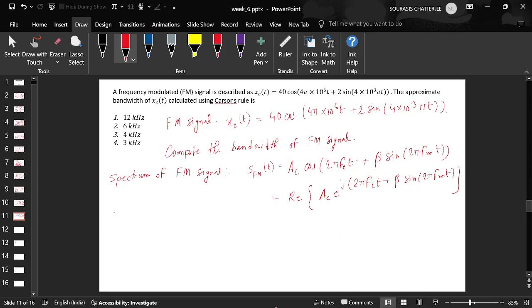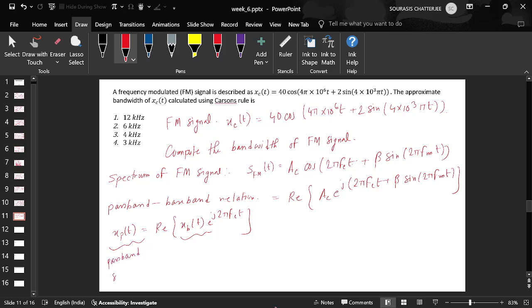We already know the passband baseband signal relation, where we have already seen that the passband signal xp(t) can be obtained in terms of its baseband signal as follows. Basically, you have a baseband signal xb(t), you take it to a higher carrier frequency, and then you pick the real part. So this is the passband signal.